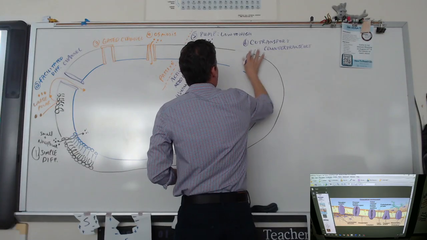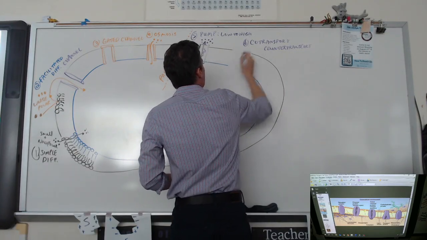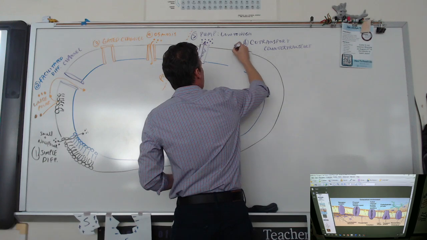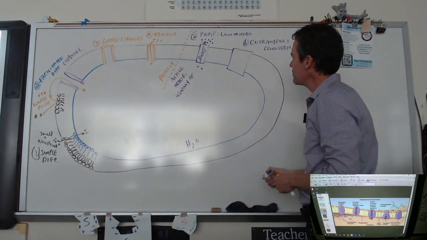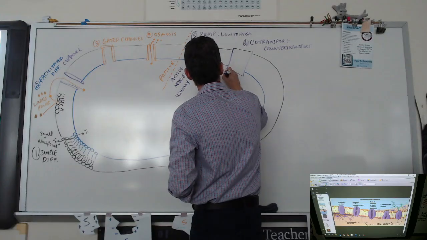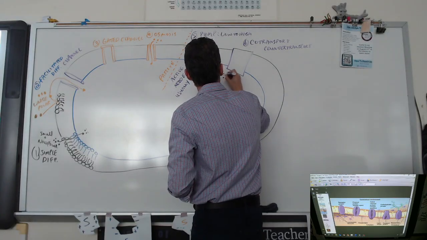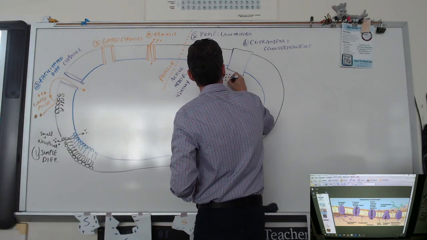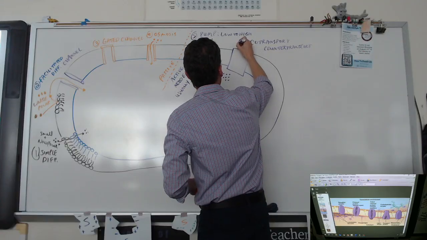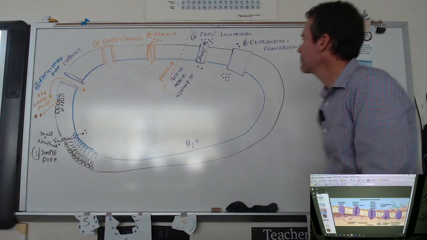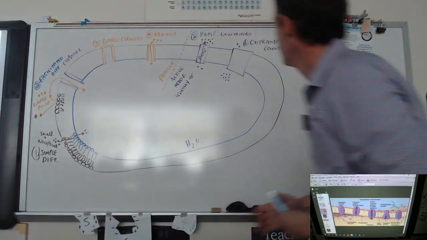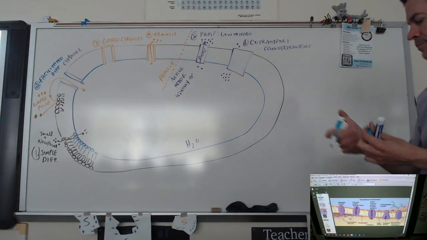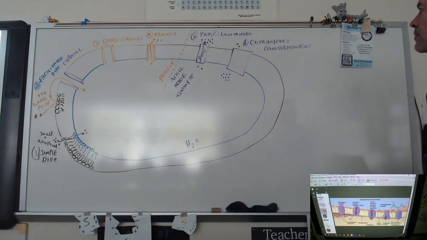So here's how it works. I've got this big old protein right here, and pretend that I've got a lot of purple dots inside the cell and not very many out. All right, cool.